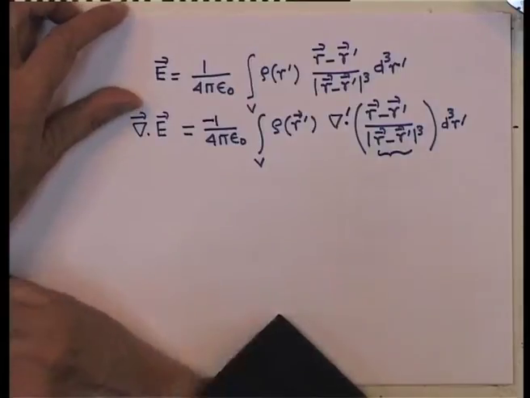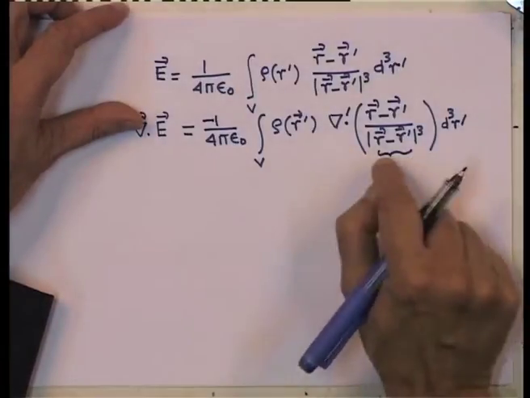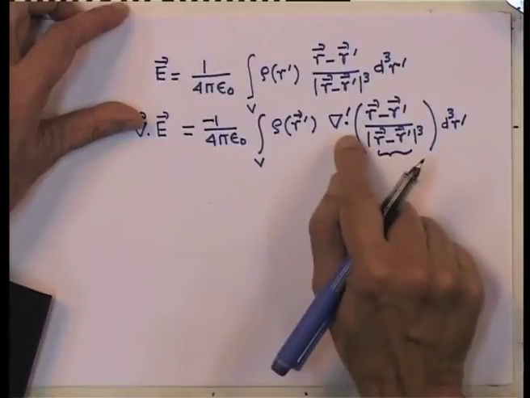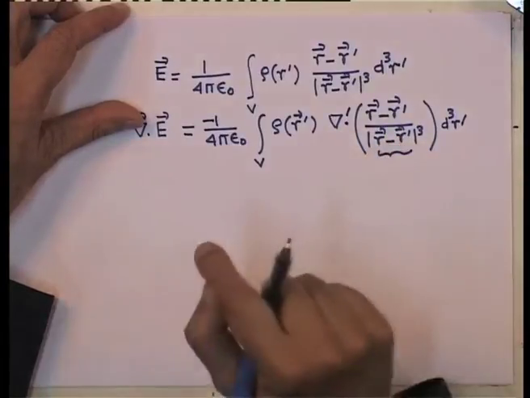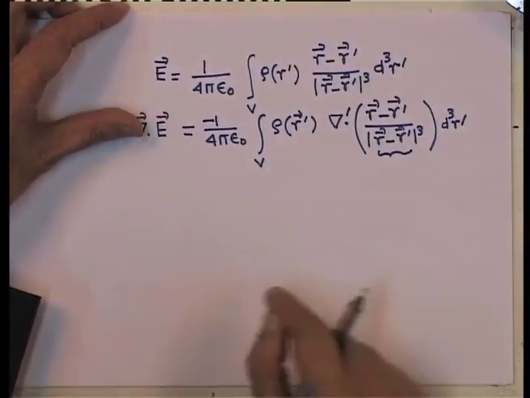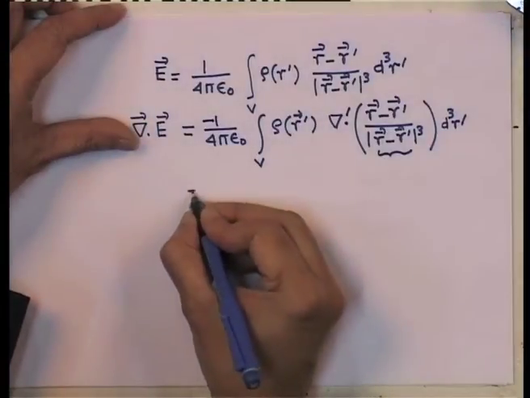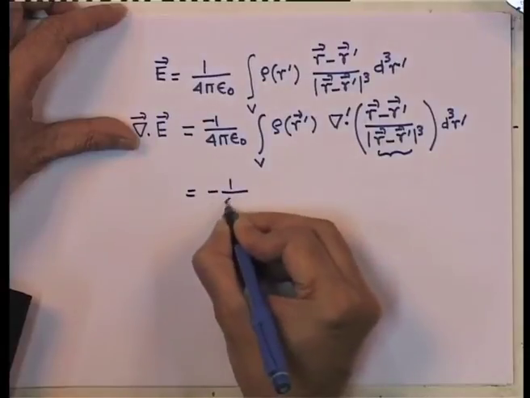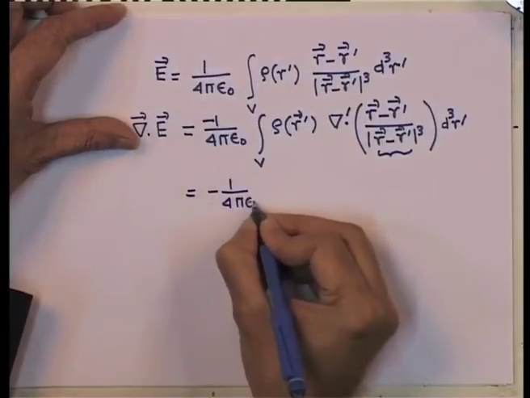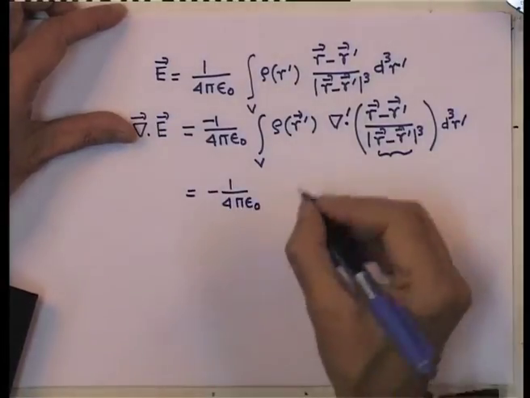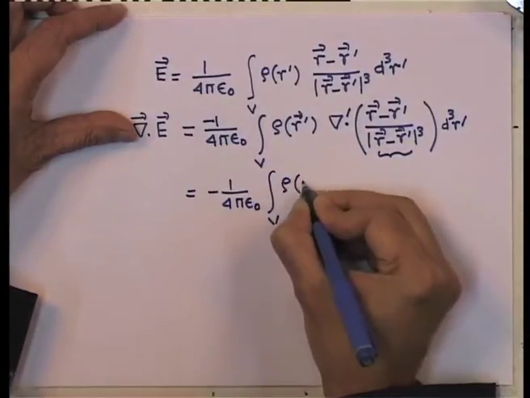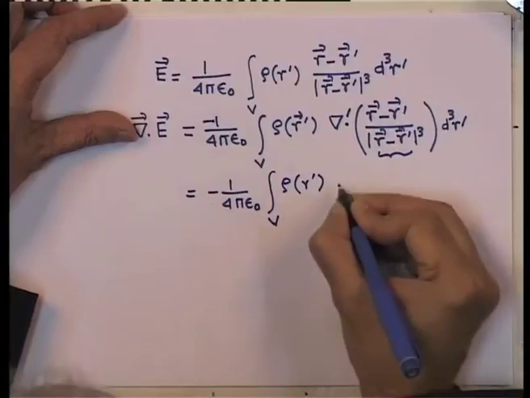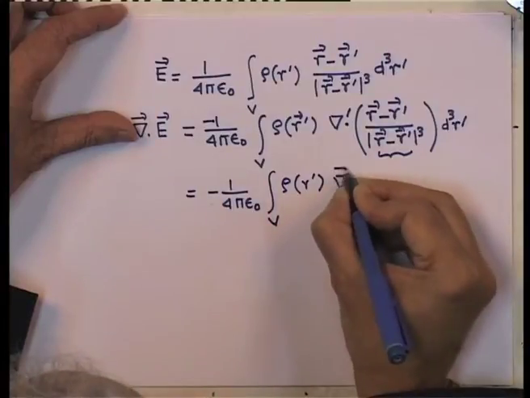So, the difference now is that this quantity is del prime dot (r minus r prime) divided by this. Now, this is equal to minus 1 over 4 pi epsilon 0, integral over the volume rho of r prime, del prime dot.